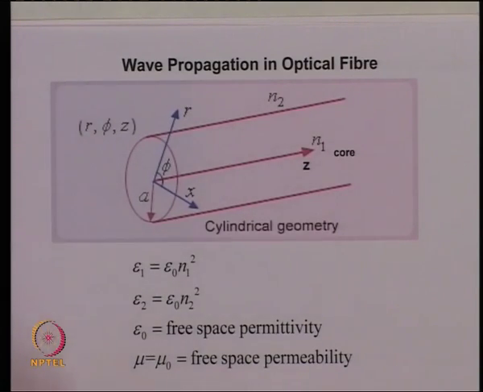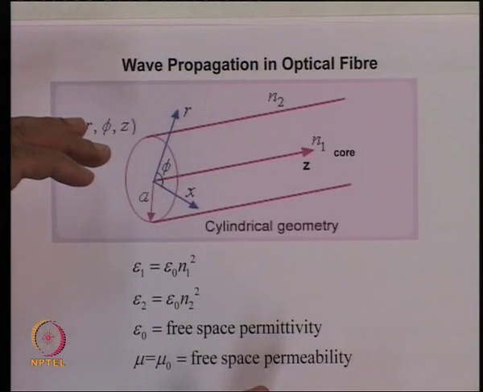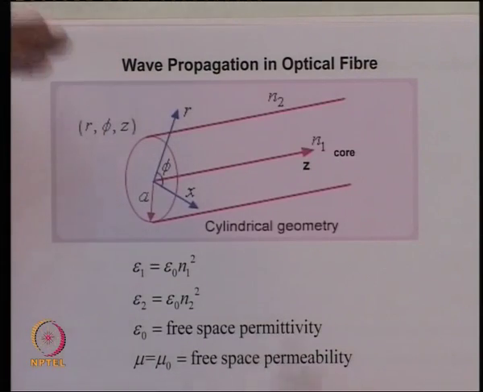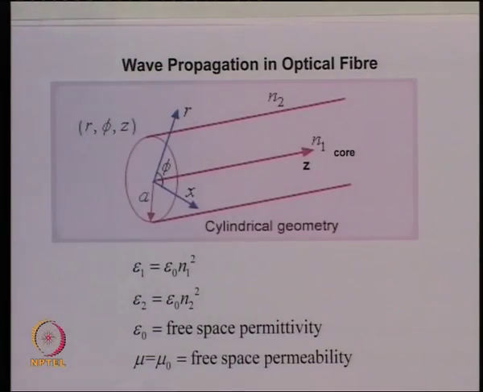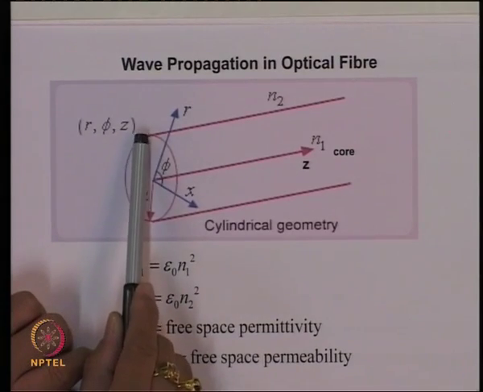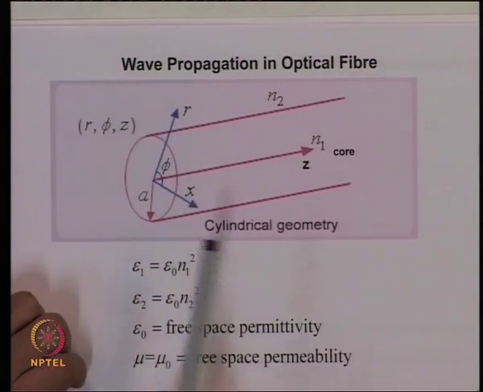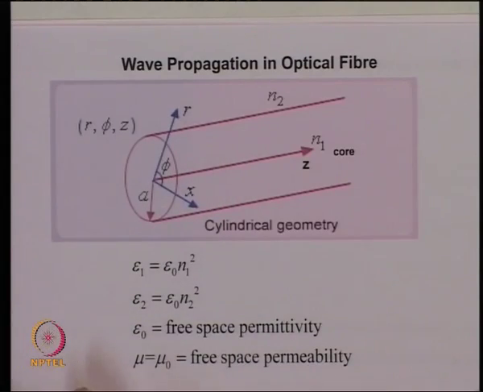To make the analysis simple, first we assume that the cladding is of size which is much larger compared to the wavelength, or for theoretical analysis we say that the cladding is of infinite extent. So, essentially the problem is only of the one interface which is between the core and the cladding.